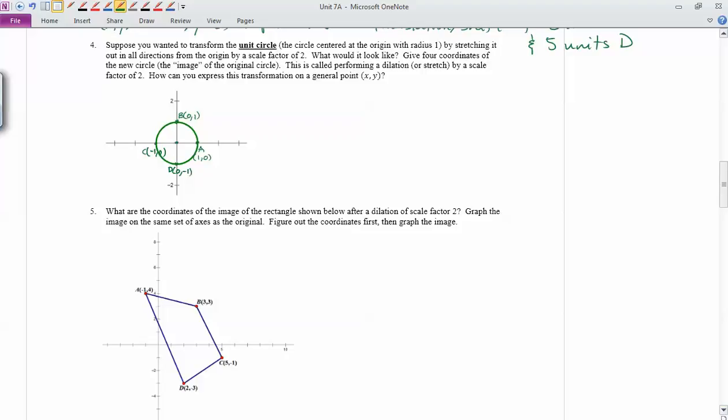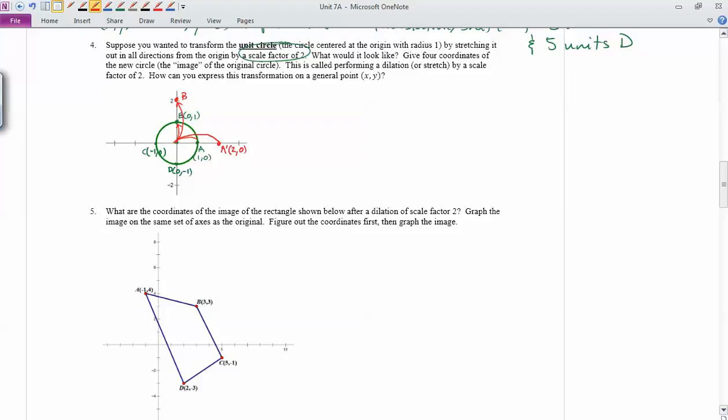So the goal now is to stretch out the circle by a scale factor of 2, stretching it out from the origin. So that means that I'm going to take the circle that I have and stretch it out so that from the origin, the distance to here now gets doubled. So A prime is going to end up at 2, 0.